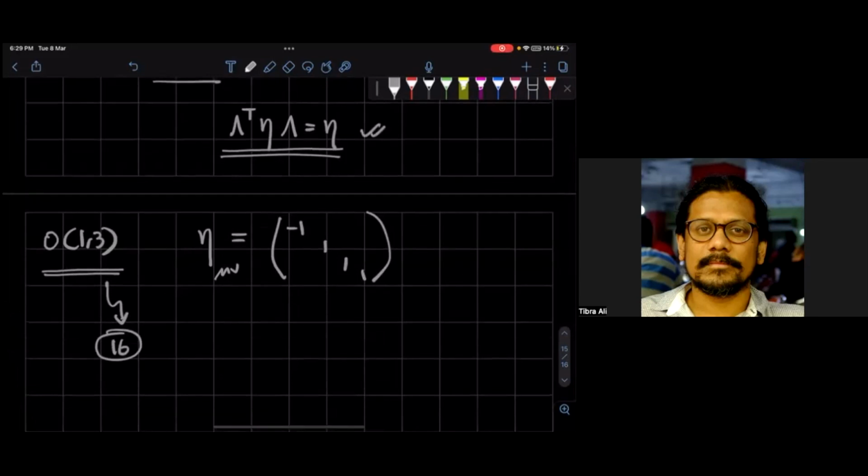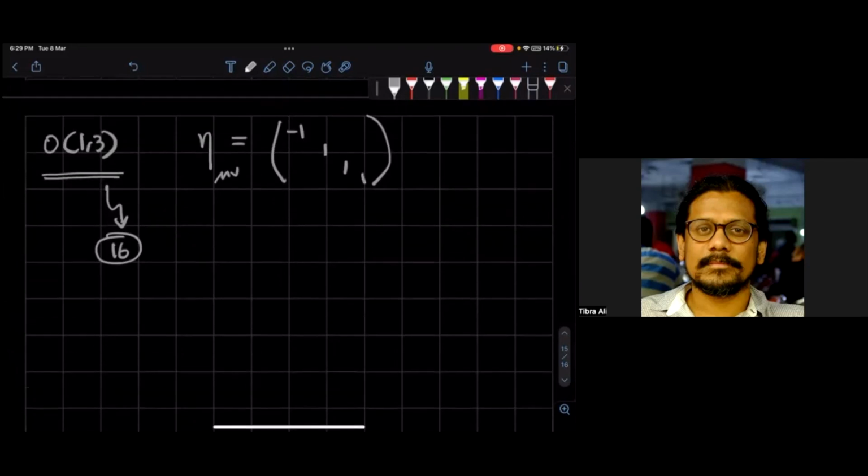But this equation, if I write it explicitly, is lambda^mu_rho eta_mu nu lambda^nu_sigma = eta_rho sigma, and this is symmetric.